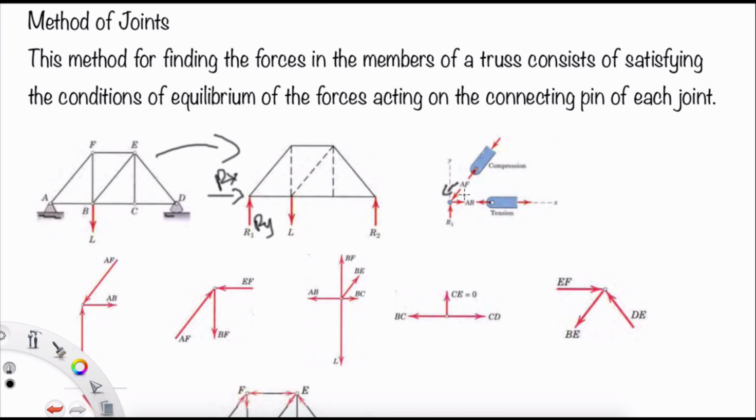The arrow direction is opposite from this force coming to the point, so that will be the tension. Please remember, you have to identify in each member whether it's a compression or tension. In many cases, you will find that it will be different.